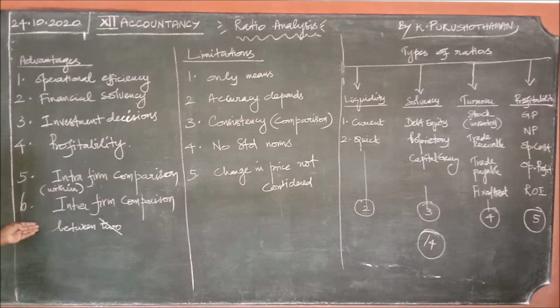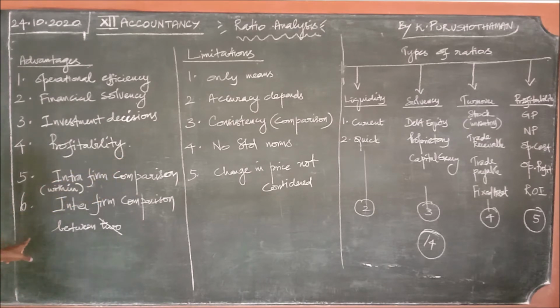Likewise here, intra-firm comparison means the departments of the same concern may be compared using these ratios. That is intra-firm comparison. Which department is functioning well, which department is giving very good performance in their activities, all those things can be found out by comparing the different departments of the same business using these types of ratios.